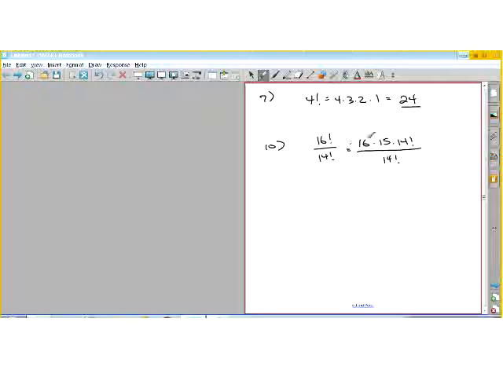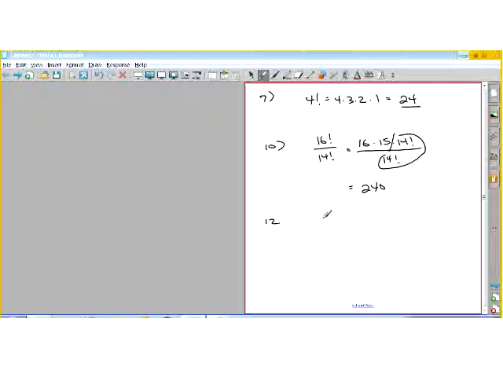So 16 factorial is 16 times 15 times 14 factorial. And I stopped there so that I matched what was in the denominator. This is 1. It's a very big number in the numerator and the denominator, but it's the same number. So ultimately, we just have to multiply two numbers together. 16 times 15 is 240.